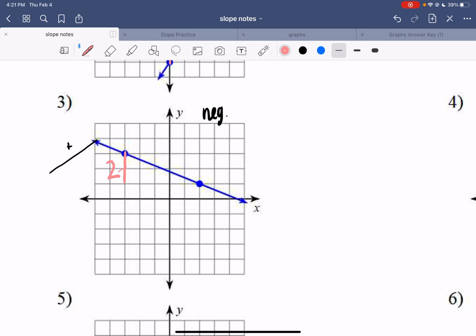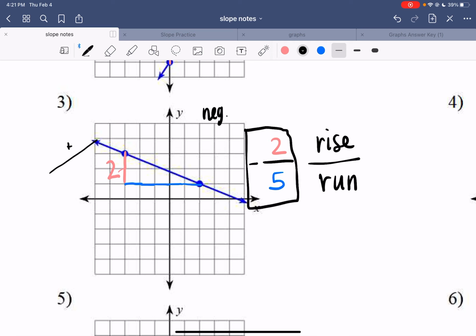So this is a rise of 2. And then we're going to run 1, 2, 3, 4, 5. So this is a rise of 2 and a run of 5. And this is a negative overall. And that is our answer. Negative 2 over 5 is our slope.